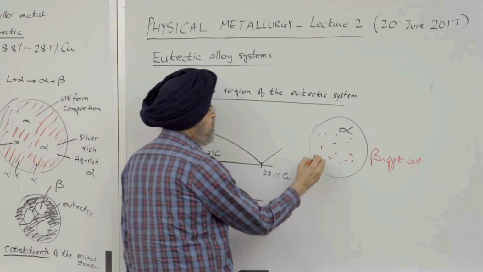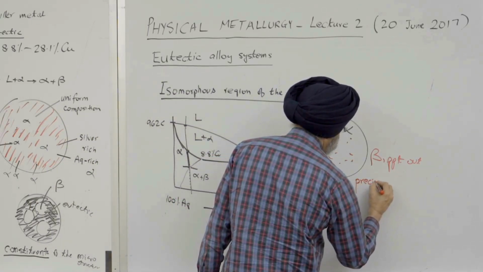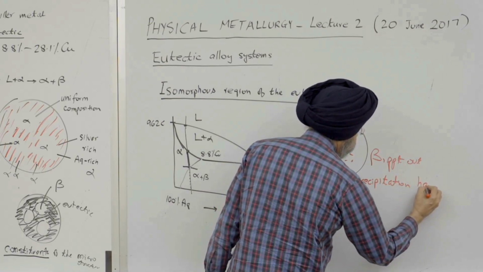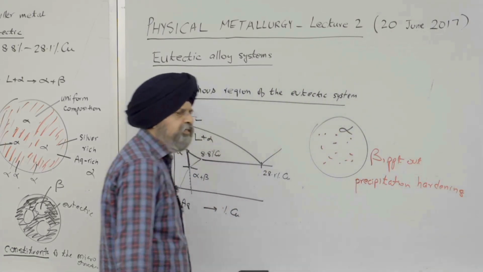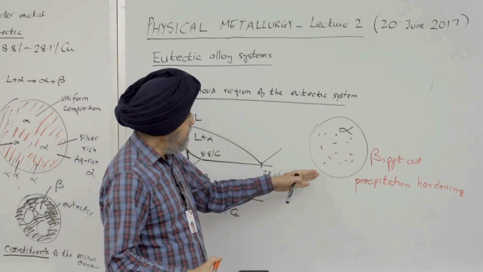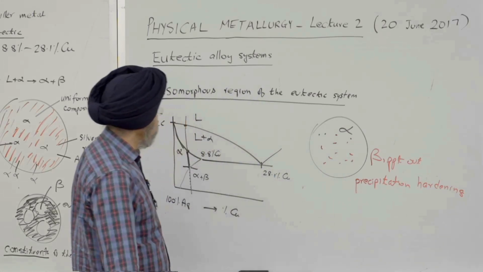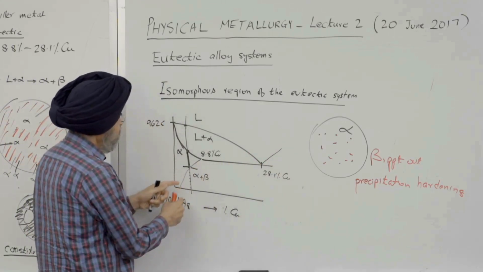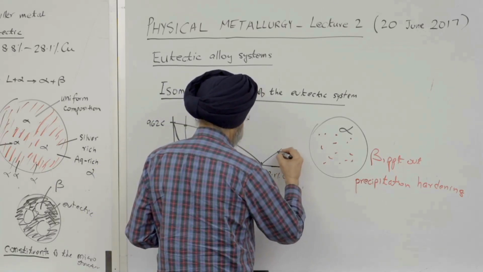These particles can cause what's called precipitation hardening. So the alloy can get hard because of these particles of beta. And when it comes to the heat treating section, we'll discuss what precipitation hardening is. Similarly, on the right side, we have a region from 92% onwards.